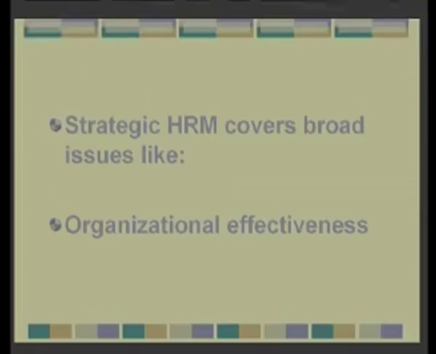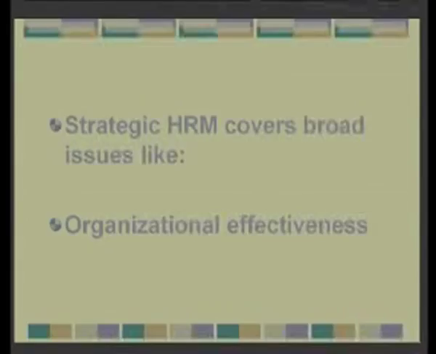And so, strategic human resource management covers some of the issues, because all these will have implications for the overall strategic architecture and will lead to better performance of the organization.